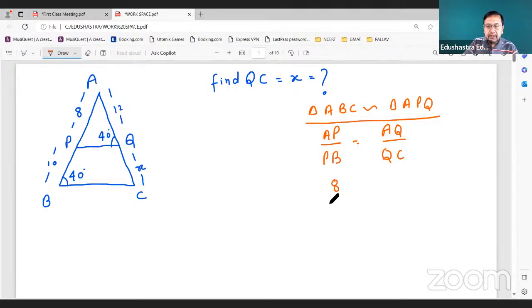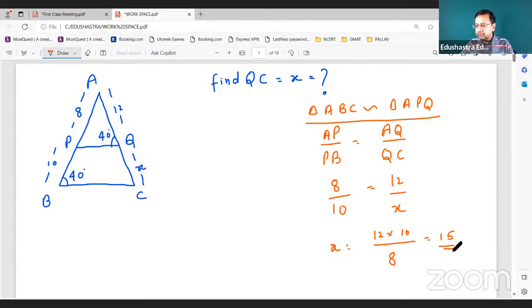So AP is 8 divided by 10 is equal to 12 divided by X. Cross multiplying, so X is equal to 12 into 10 divided by 8. And simplifying this, this is coming out to be 50. And we are getting this. So, yes, even Vamsi, Ozil is giving me the same value, that is 50, right?